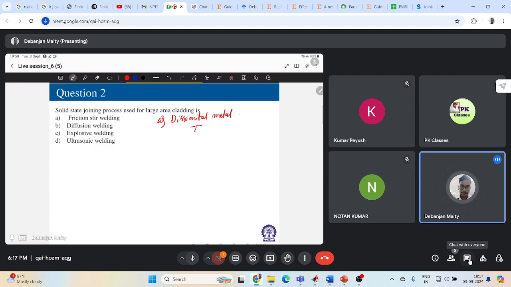So thermophysical properties will be different. At that point of time, you can choose explosive welding as a technique. Next one, you can choose explosive welding if a large area of joining is involved.